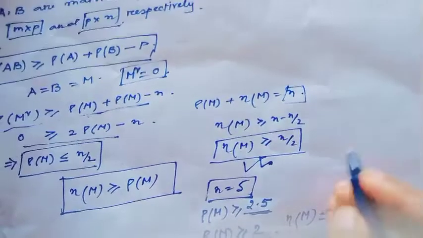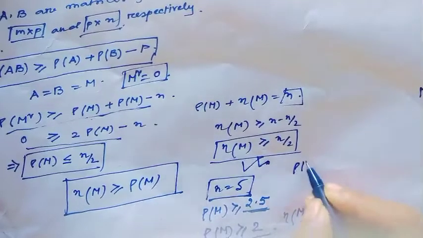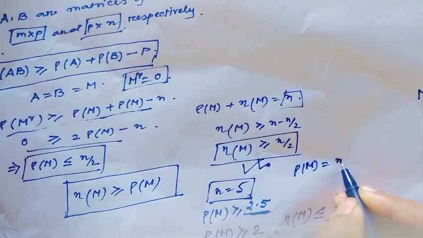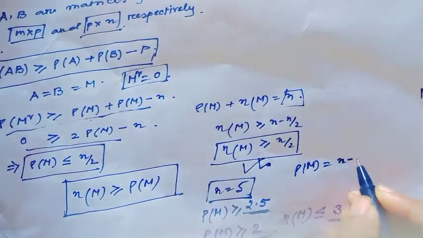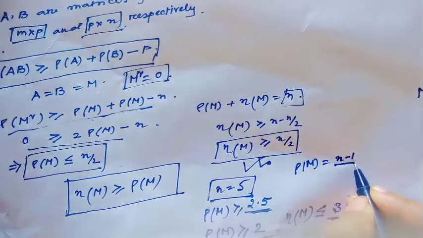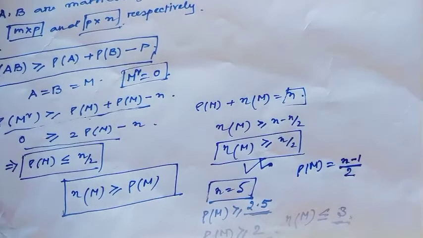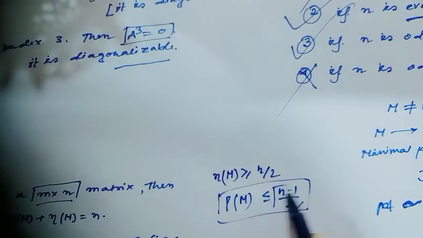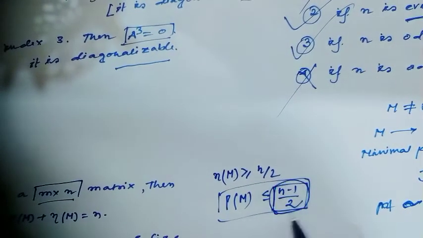But for order n, rank of the matrix when n is even would be n minus 1 over 2. This is always an integer.